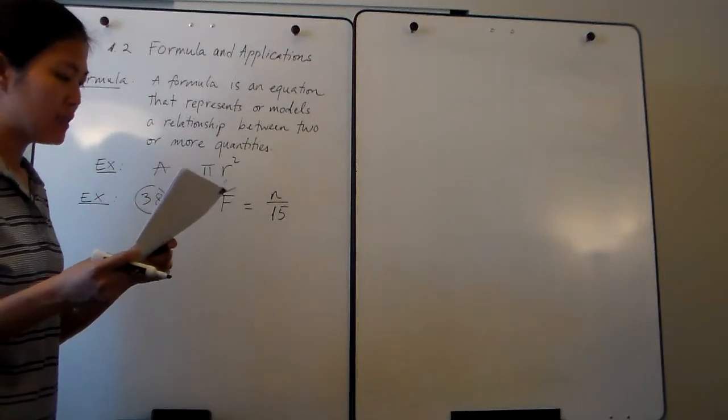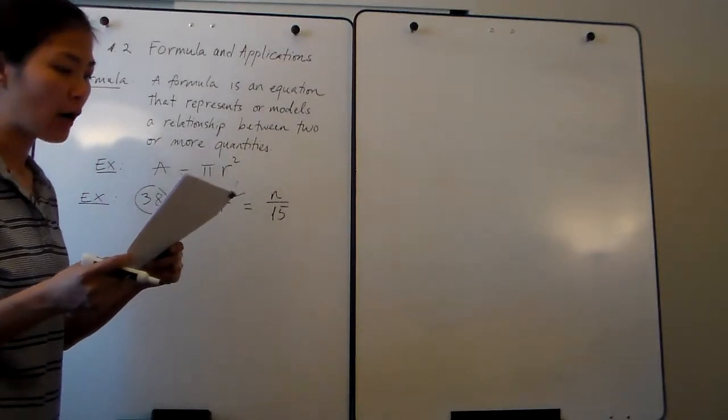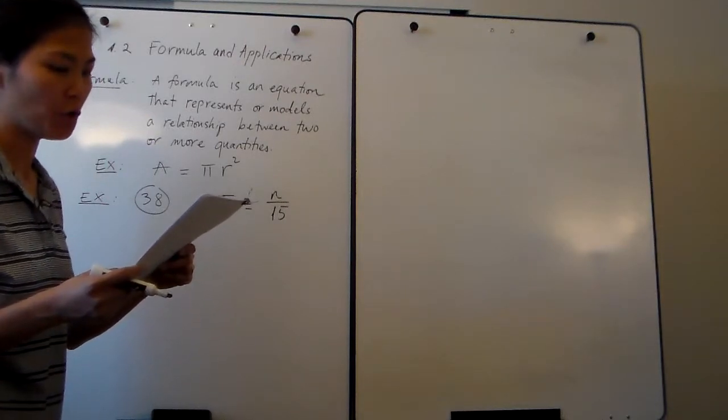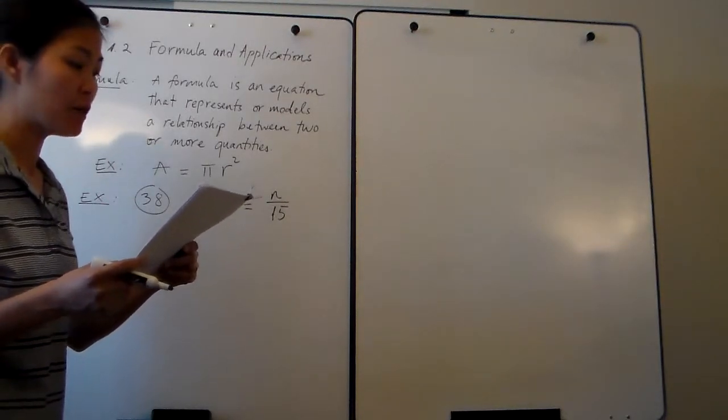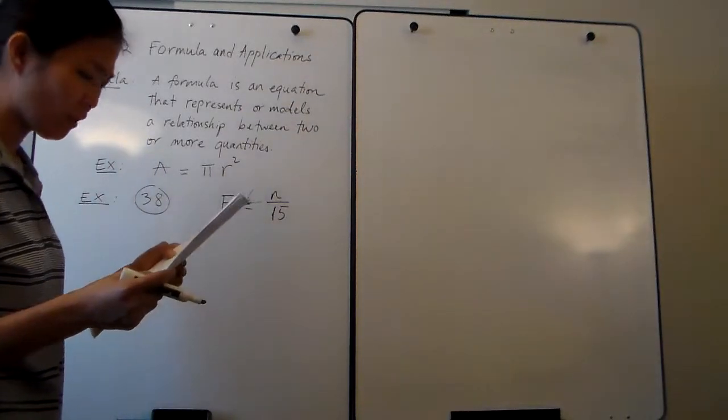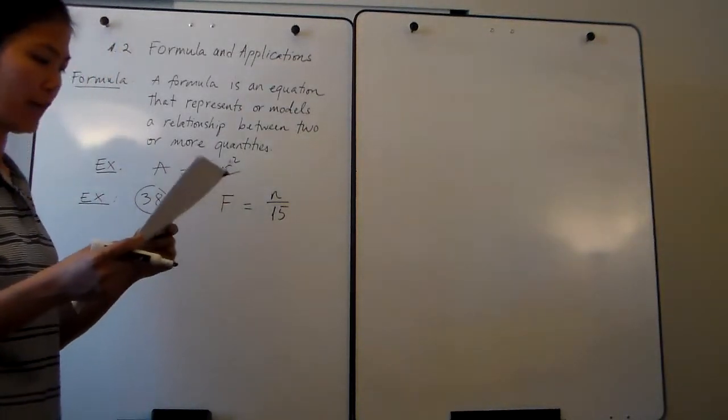Part A, determine the number of full-time equivalent students on a campus in which students register for 42,690 credits. Okay? And part B is solve the formula for N.